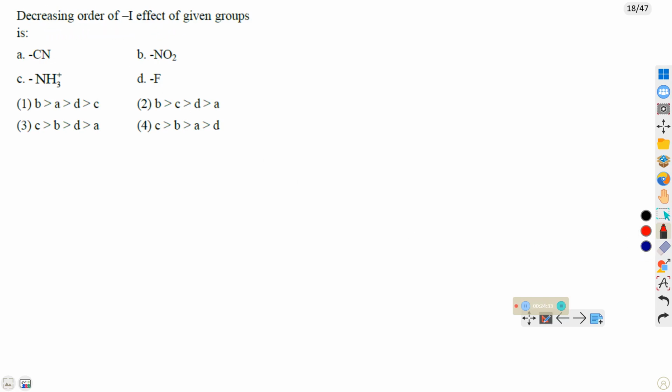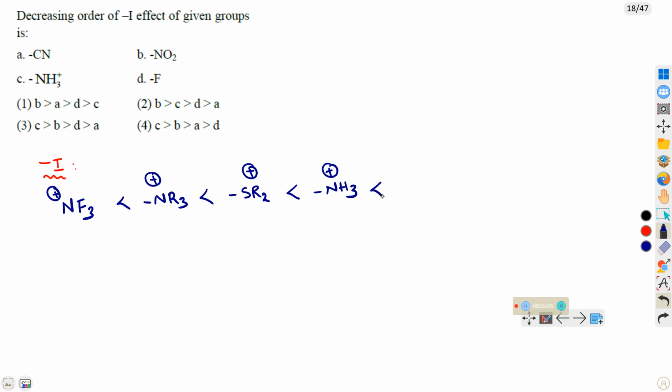Decreasing order of minus I effect of the given groups. Negative inductive effect order. Sorry, not less than, greater than, decreasing order. Decreasing order means starts with high.